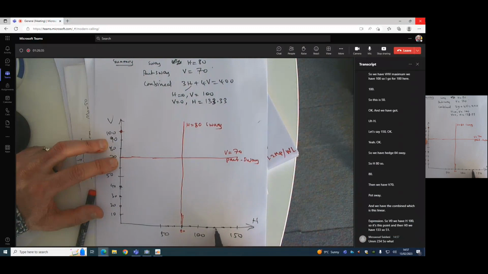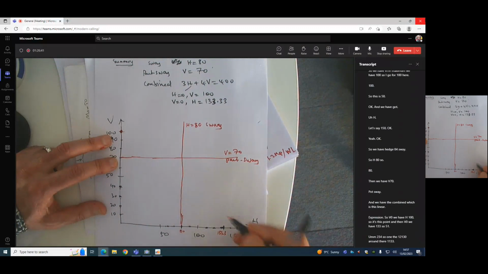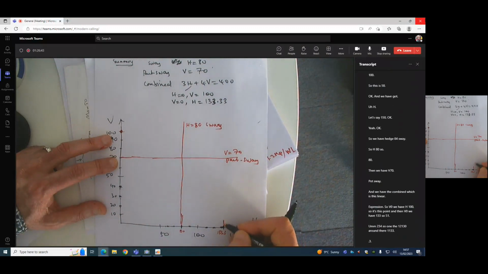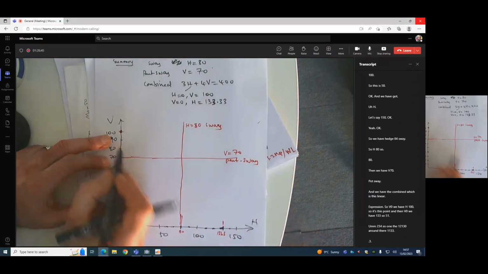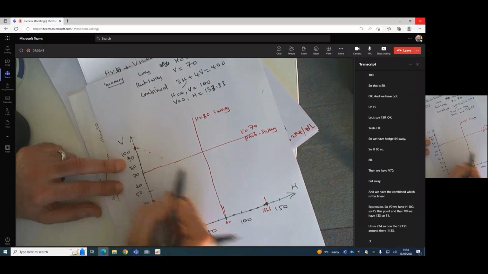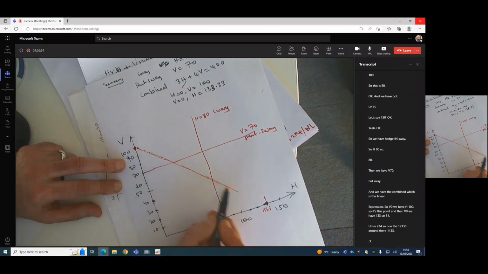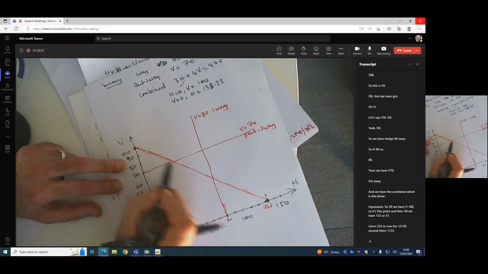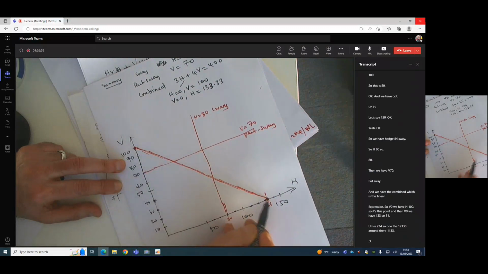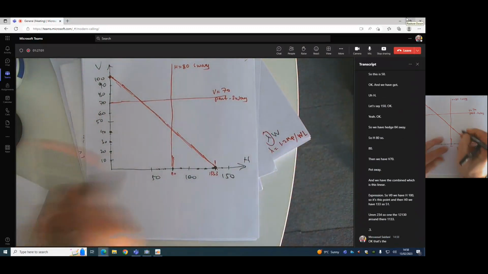So 120, 130, around there, 133.3. Okay, that's the interaction diagram.